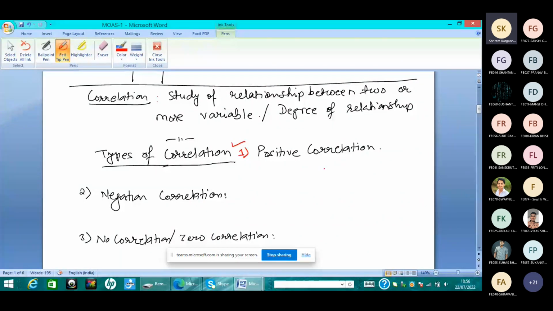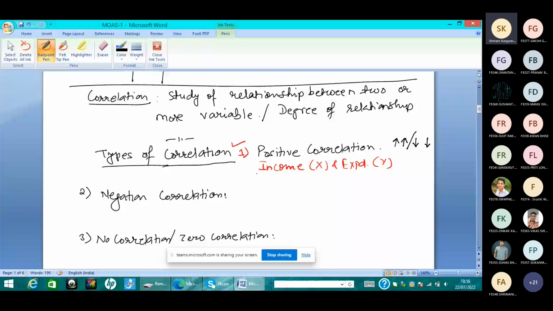So what is the difference between them? I will explain it with the help of examples. First example, income and expenditure. Income is X, and expenditure is Y. You generally know that whenever your income increases, the expenditure also increases, or whenever the income decreases, the expenditure also decreases.